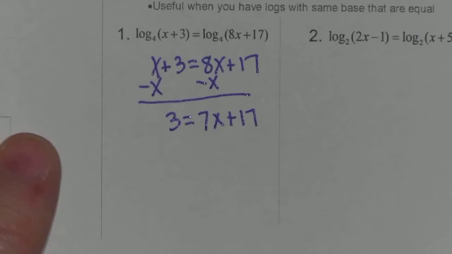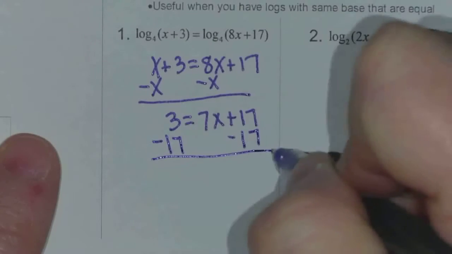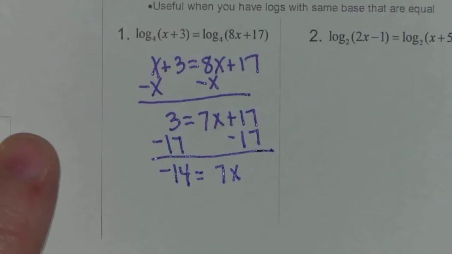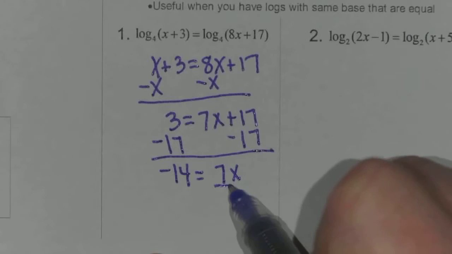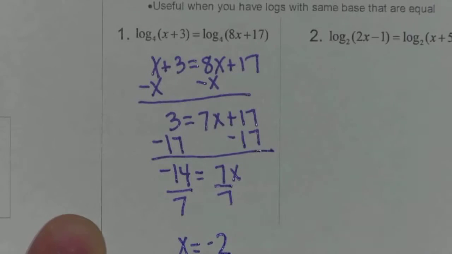Then what? Subtract the 17, and I get negative 14 equals 7x. Divide by 7, and x equals negative 2.